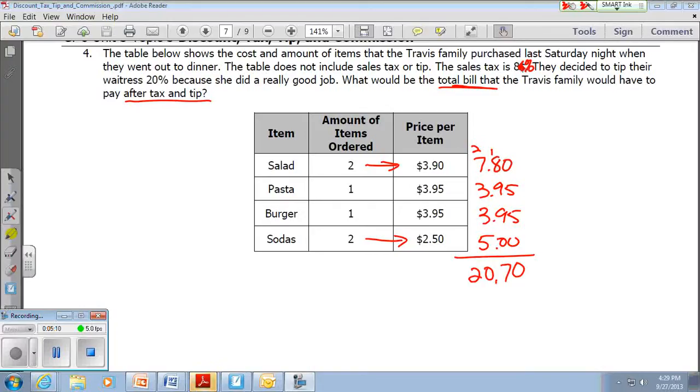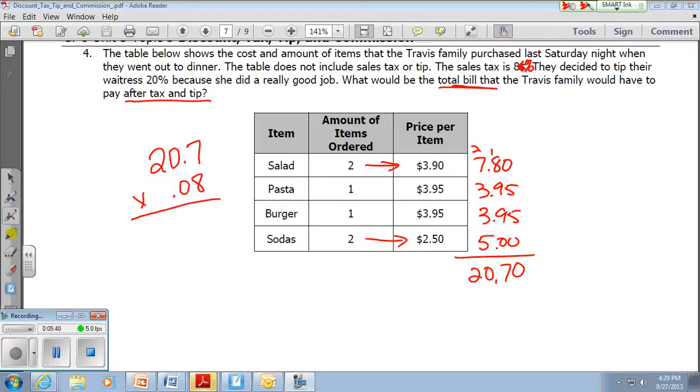To do it this way, I'm going to just multiply by the decimal equivalent instead of our percent bar. So I'm going to do 20.7, that's 2070. I don't really need that extra zero. And then the decimal equivalent of 8%. Be really careful with this. Remember, we moved 2 over, and if there's a blank there, we fill it in with a 0. So that's going to be 0.08.